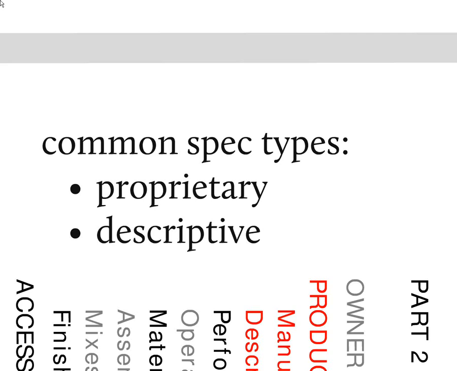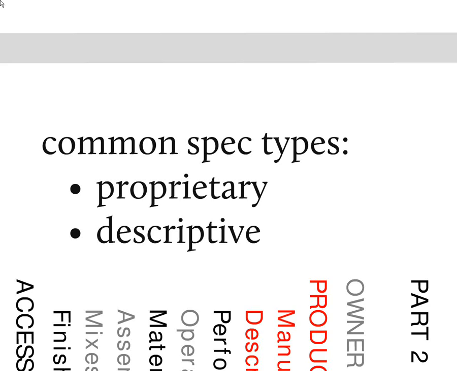Now, in the case of windows, for example, there are reference standards about performance and certification of the performance, but that performance standard could be met by an aluminum window, a wood window, a steel window. So it doesn't specify the whole item that we want to specify in a single reference standard, unlike the basic materials, where there's a reference standard for cement and even for sealants and things like that.